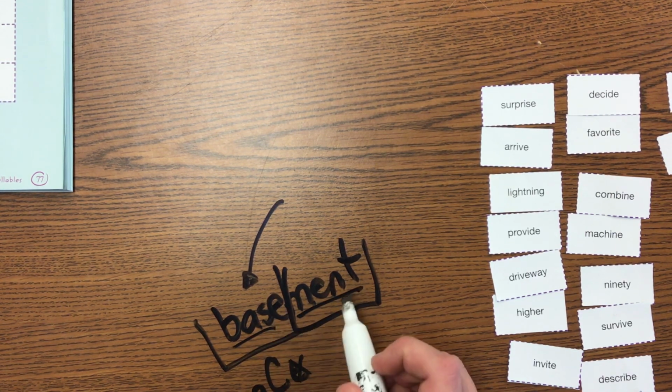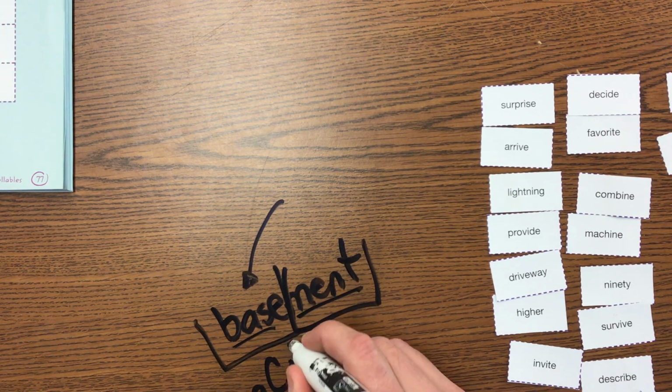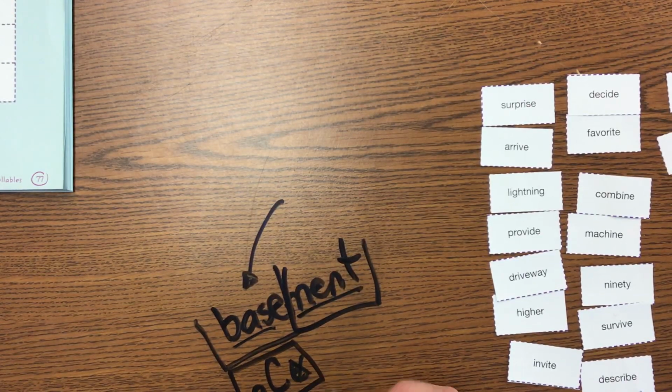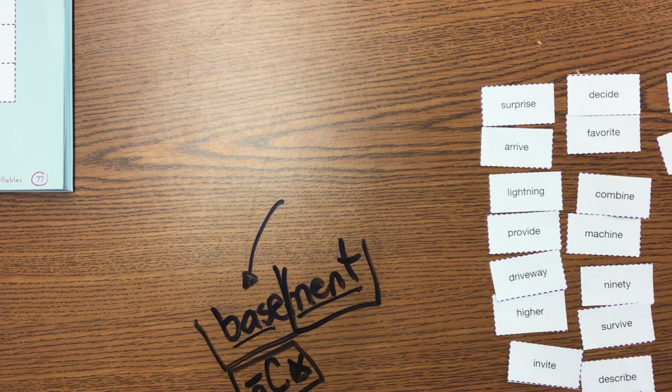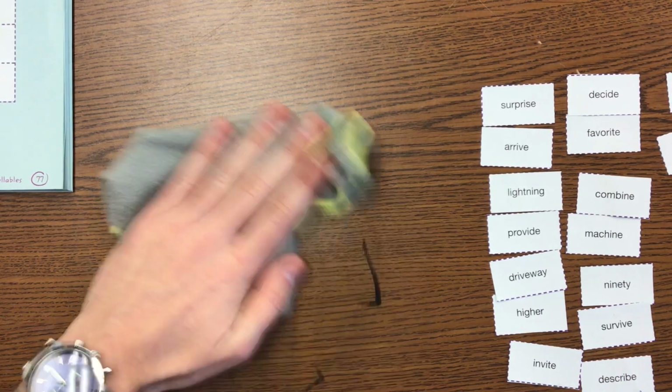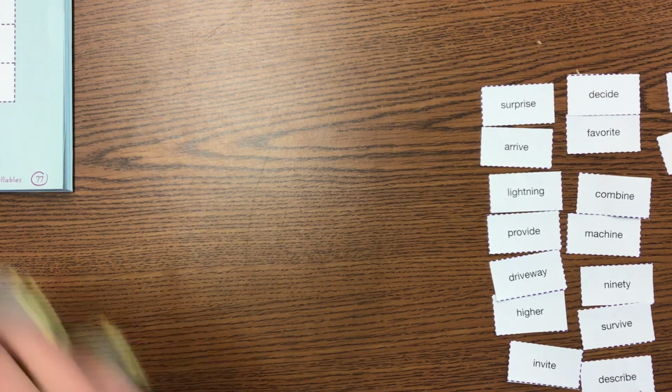So anytime that we have this pattern, the A, consonant, E, it makes the A long. The E becomes silent. You can't drop the E, okay? We'll talk about that later, but it does become silent. It goes away. This is going to tie into what we do today, okay?